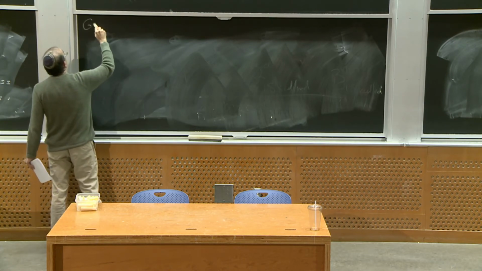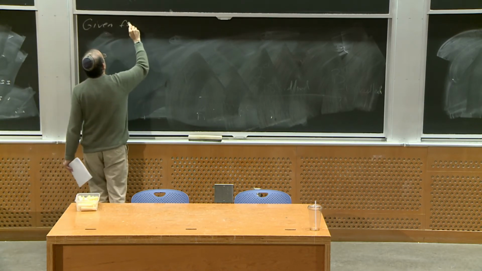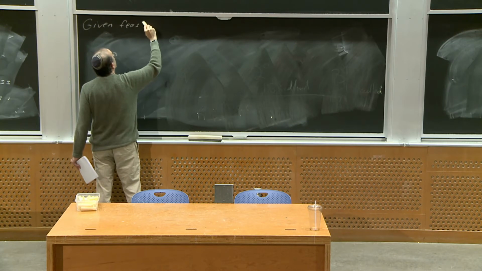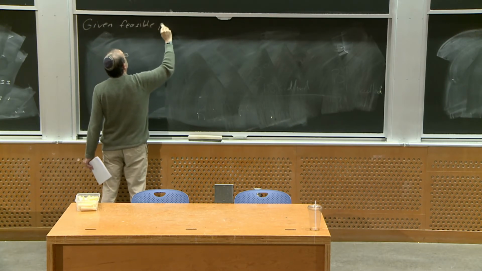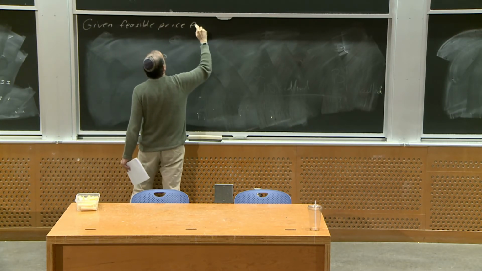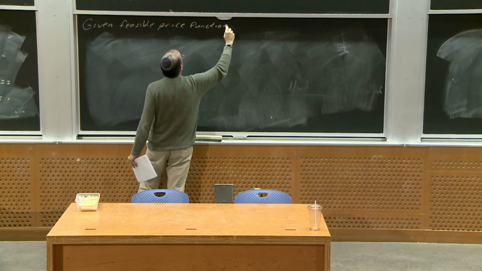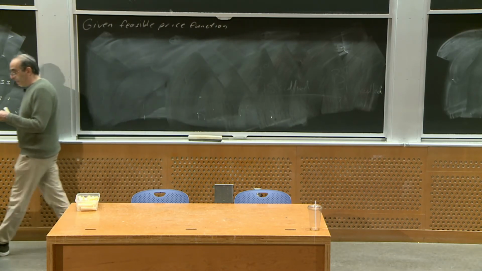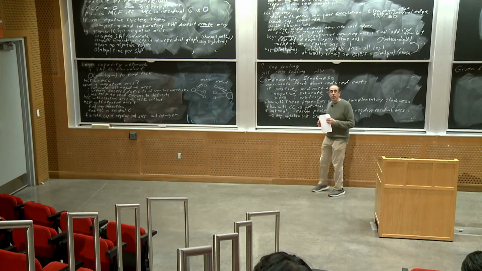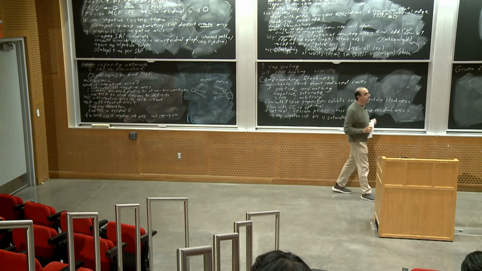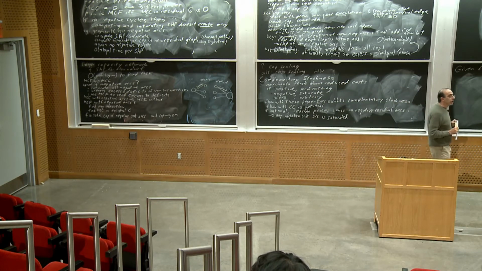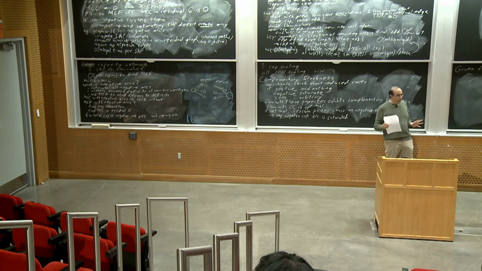All right. So in particular, if you are given a feasible price function, how can you find an optimal min-cost flow in the network? Or sorry, if you're given a price function which is feasible.